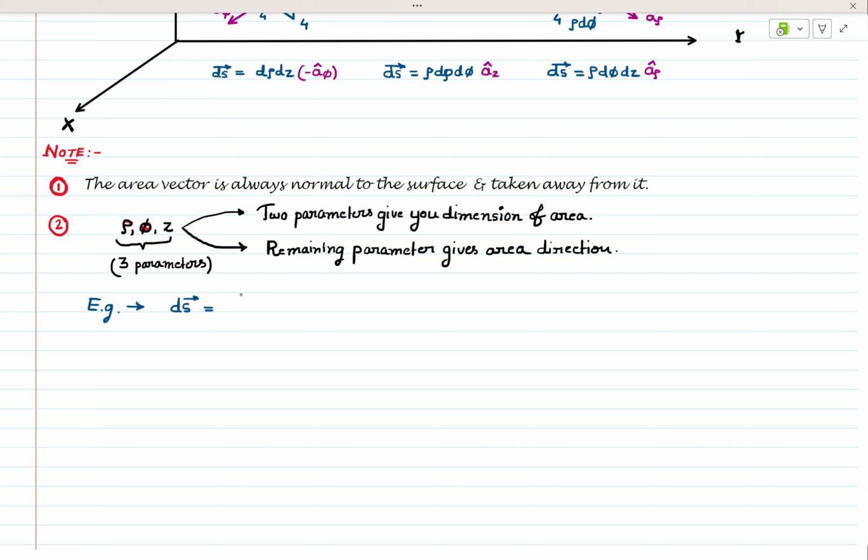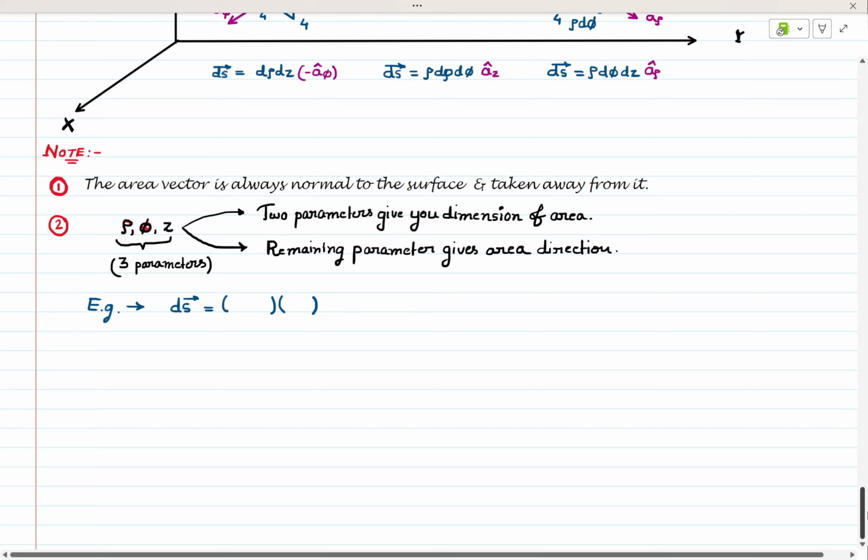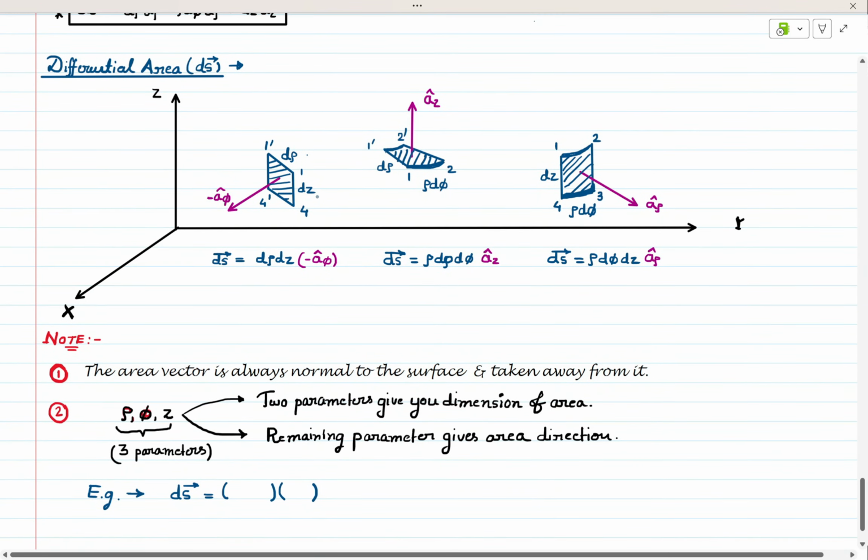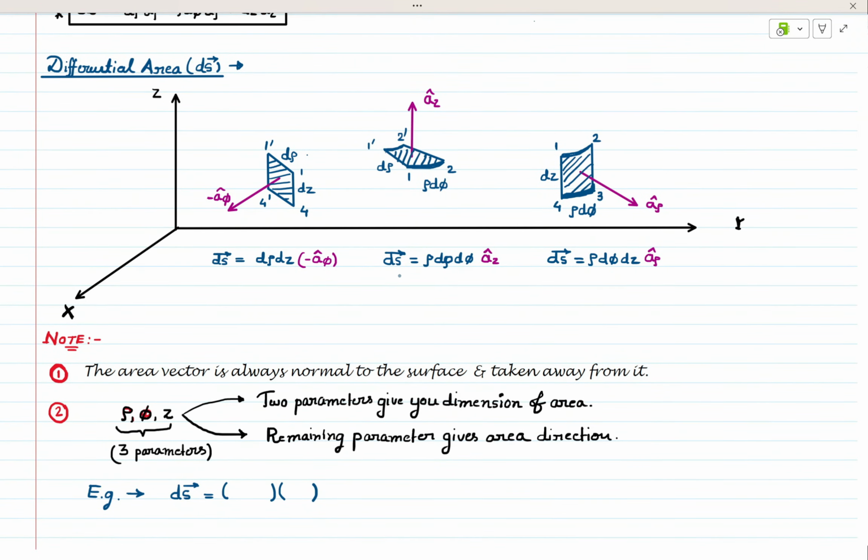Area is a vector. Now you know that a vector has two parts: one is magnitude and one is the direction. So I am considering rho and phi, these two parameters, to give the dimensions. If I select rho and phi to give the dimensions, then that will be what?